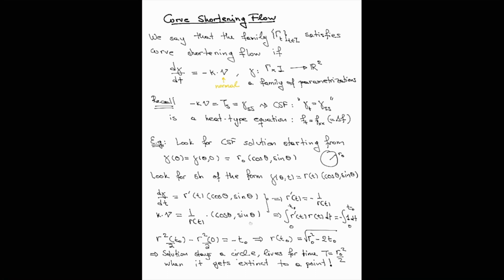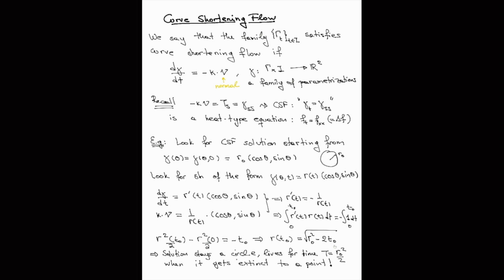If you want the speed to be equal to minus kappa nu, then you get this simple ODE: r' equals minus 1 over r. You solve the ODE by integrating, and you get that the radius at time t0 is equal to the square root of the initial radius squared minus 2t0.